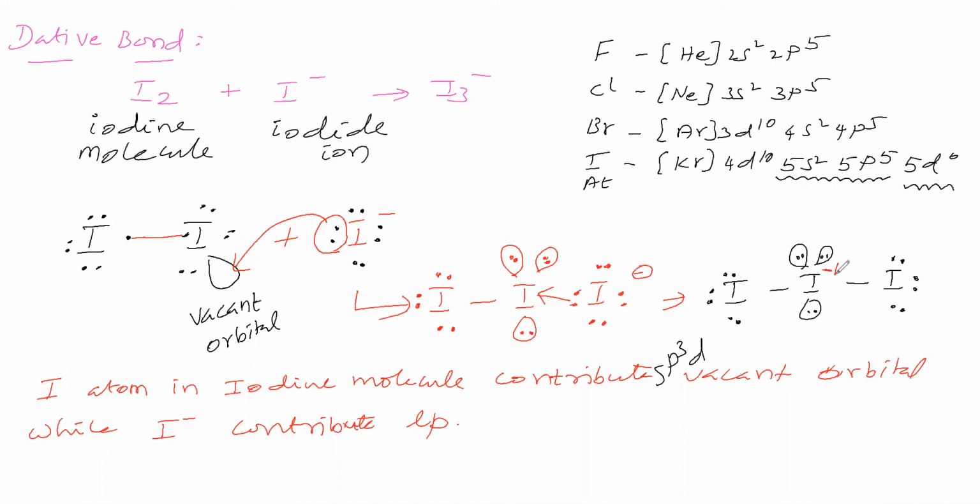Therefore, what is the hybridization of the central atom iodine in this I3 minus? It is sp3d hybridization.